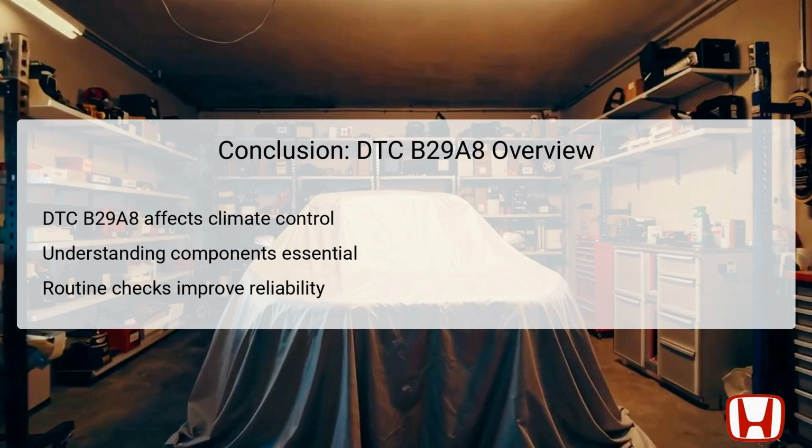In conclusion, DTC B29A8 indicates a significant issue within the Honda Accord's climate control system, particularly regarding the rear mode control motor. Understanding how each component functions and interacts is essential for effective troubleshooting and repair.